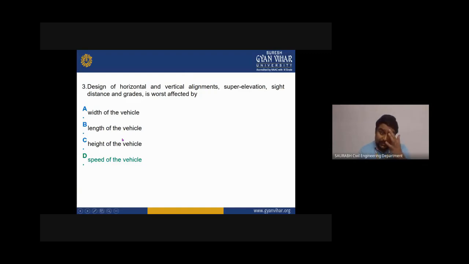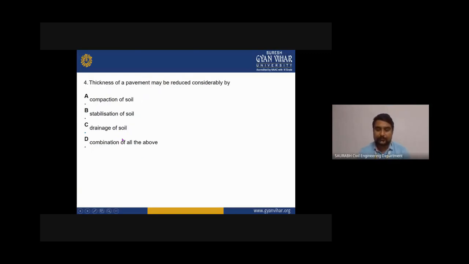Sight distance is the distance which we can see on the road during driving, that will be the sight distance of a highway.